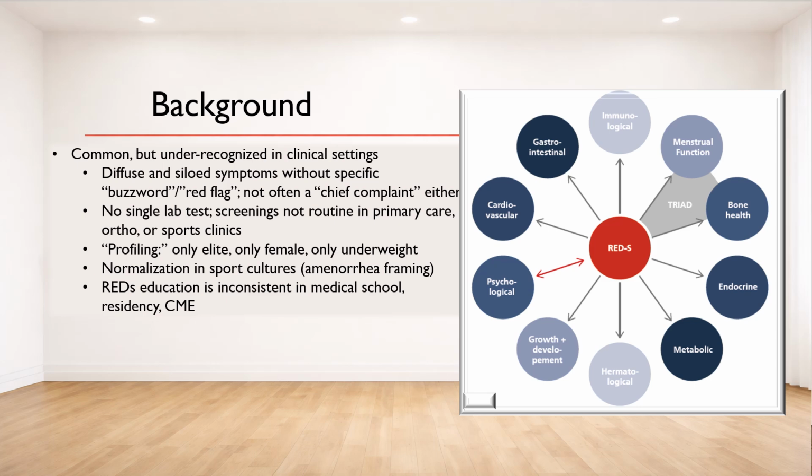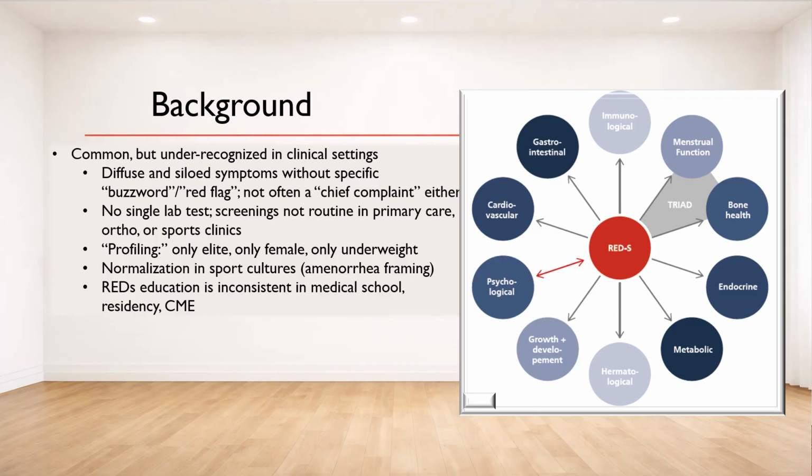REDS isn't really represented well in residency curriculums for primary care, and it's also pretty difficult to test on board exams because there are no specific biomarkers to test on, buzzwords, or specific chief complaints with this high on the differential as your diagnosis.